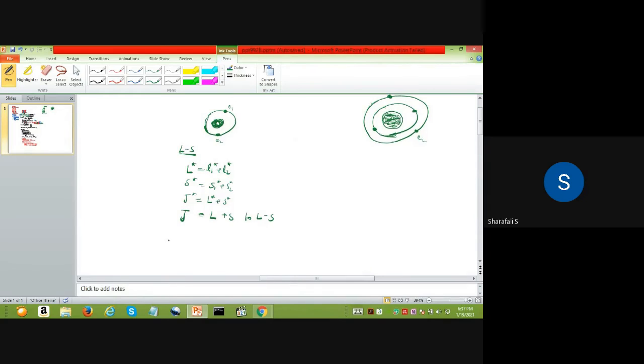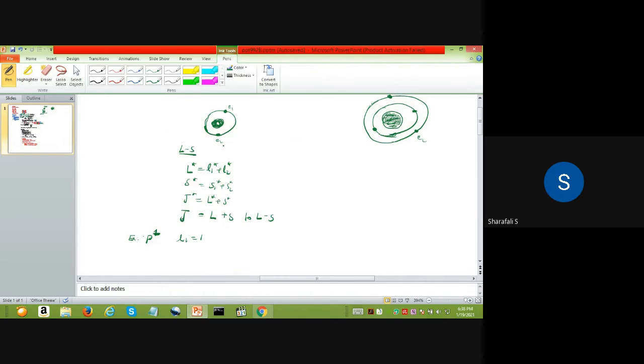So what is that? Your L1 will be equal to 1. For example, if you consider a P orbit, we consider P1. Sorry, here we need 2, so let's consider it as P2, or we can consider P1 itself.